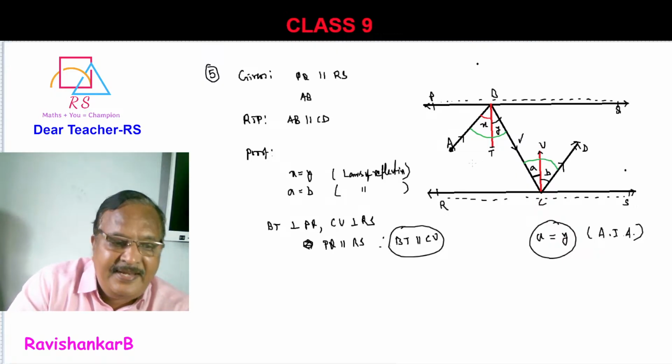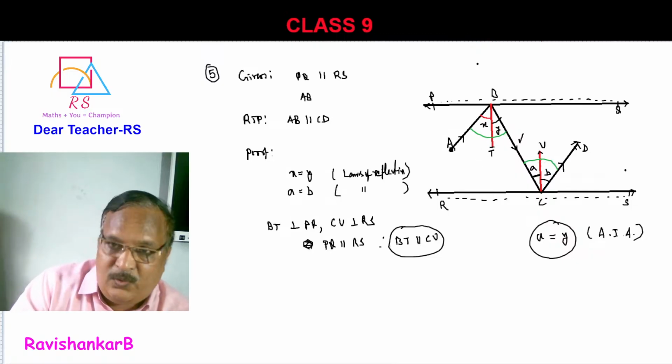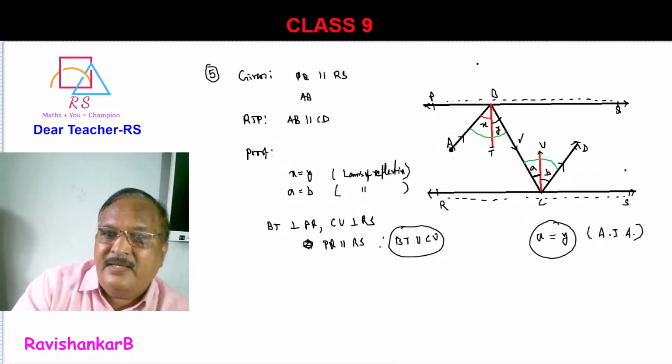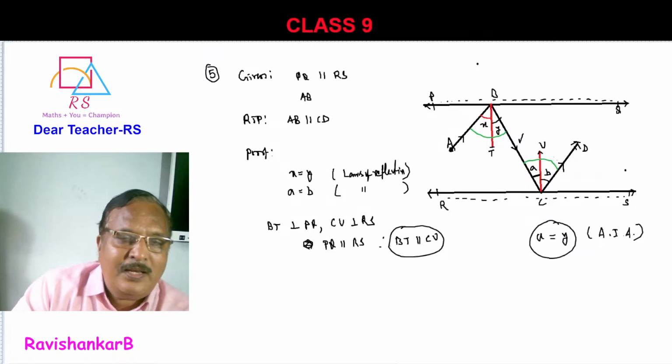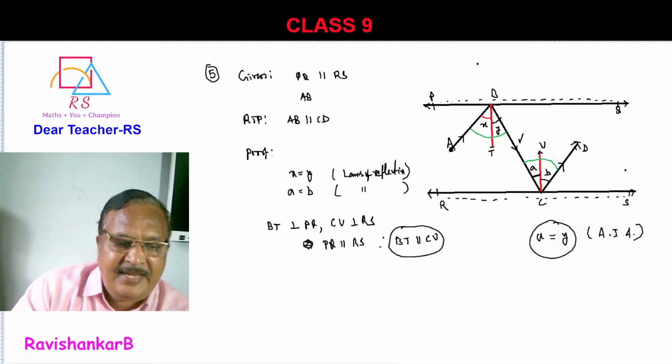I have given a green color, please all of you see. If these green angles are equal, that means x plus y is equal to a plus b, then AB is parallel to CD. When you want to prove two lines parallel, you consider any of three properties: corresponding angles equal, alternate angles equal, or co-interior angles supplementary. Any one of these you can take and prove it.